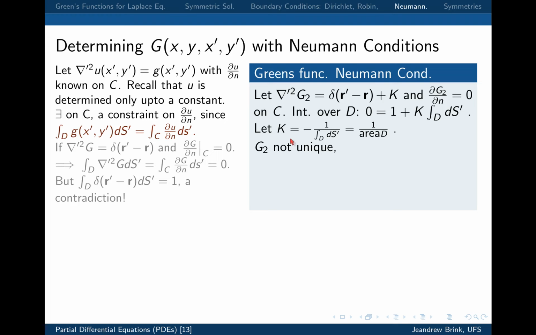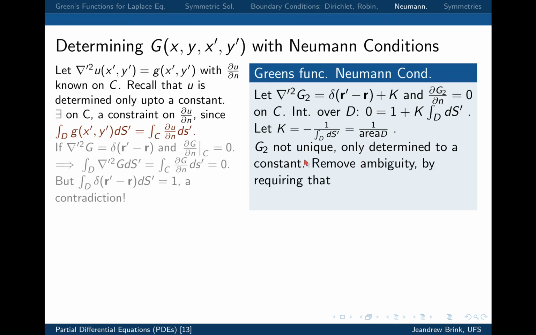So they basically normalized it, and the condition is saying, okay, this Green's function is not unique and it's determined up to a constant, but we're going to remove this ambiguity by simply requiring that the average value of the Green's function is 0. Okay. So that then is a well-defined Green's function for the Neumann conditions, and so you have this extra condition coming in over here for your Green's function.